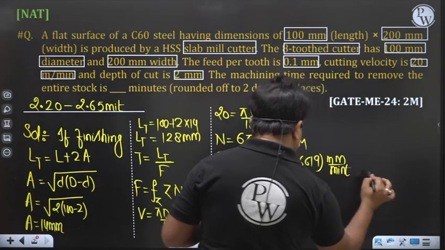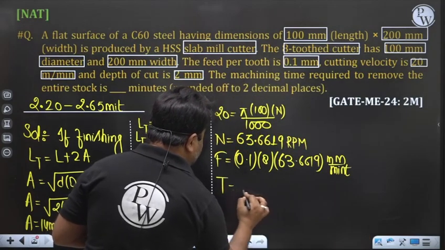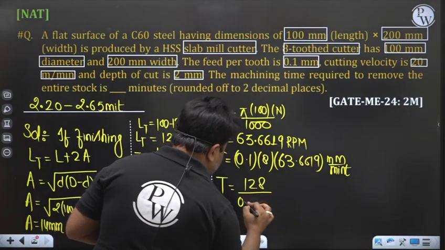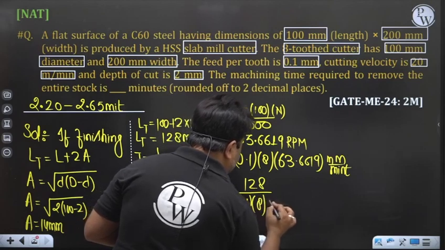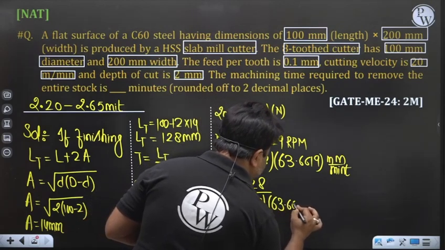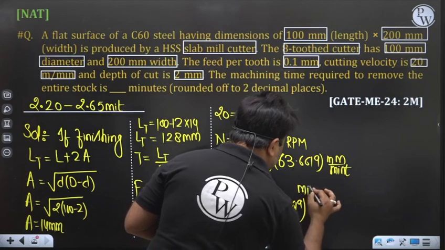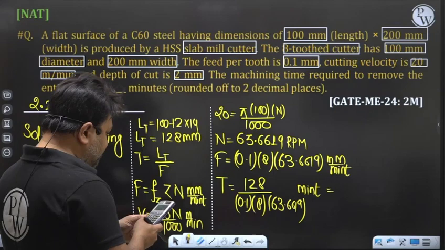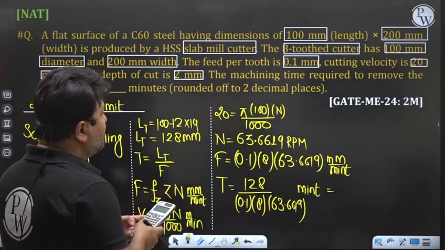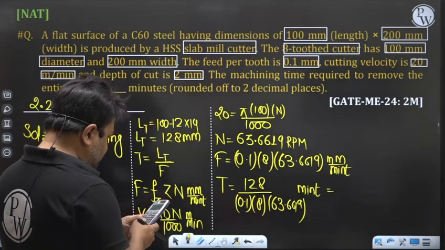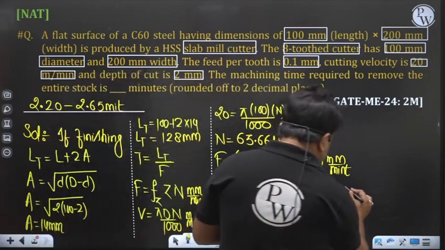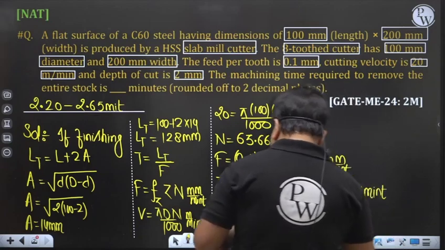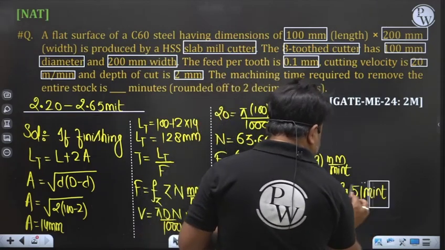So the machining time will be 128 divided by 0.1 into 8 into RPM, which becomes 2.51 minutes. So see, it comes within the range.